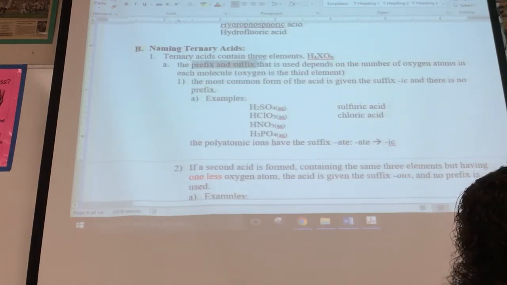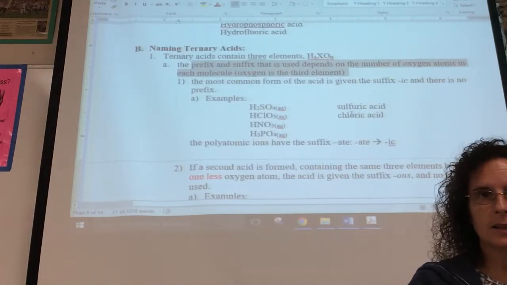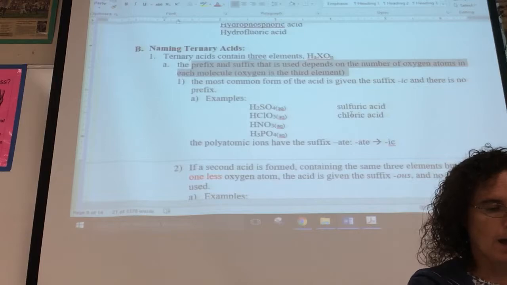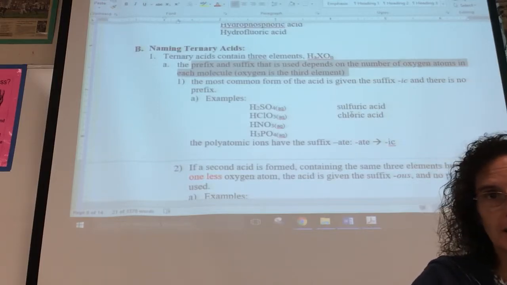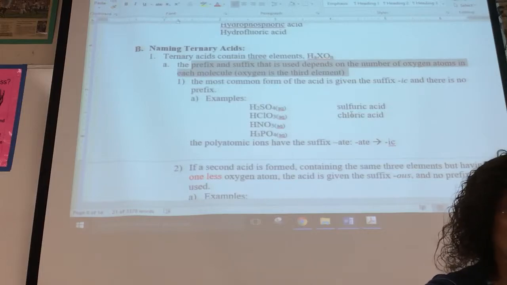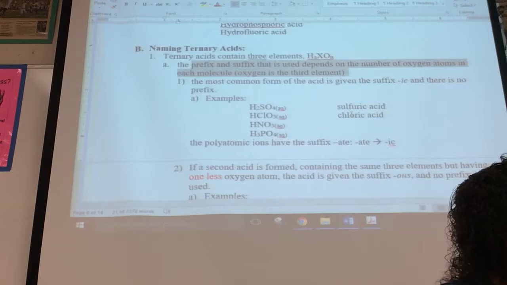The prefix and suffix that you use here depends on how many oxygens you have. Oxygen will also always be the last element in the series of 3. This is, at first glance, going to be a little tricky. I'm going to show you a trick that will make it less tricky so that you understand the ternary acids. Bear with me for a couple of minutes.